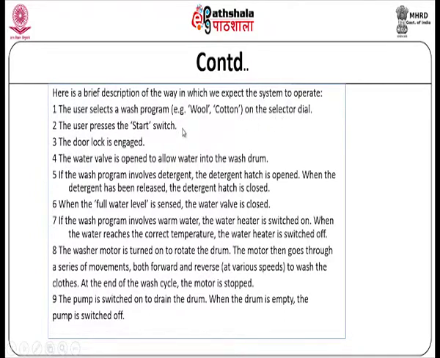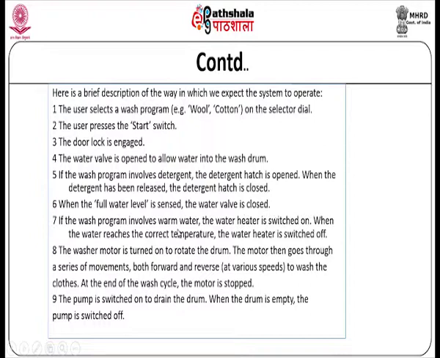Next, the user presses the start switch, and the door is locked. Next, the water valve opens to allow water into the washing drum. If the wash program involves detergent, the detergent hatch is opened; once the detergent has been released, the hatch has to be closed. When the full water level is sensed, the water valve is closed.